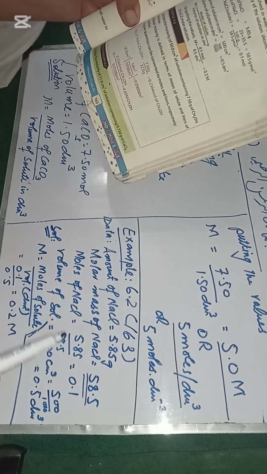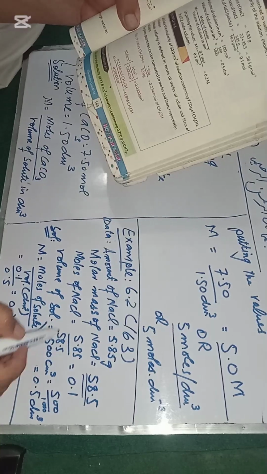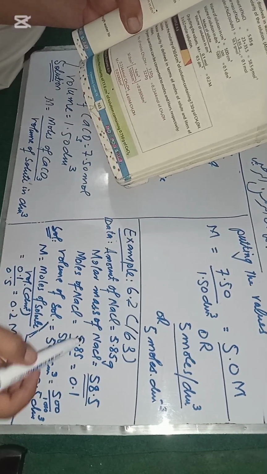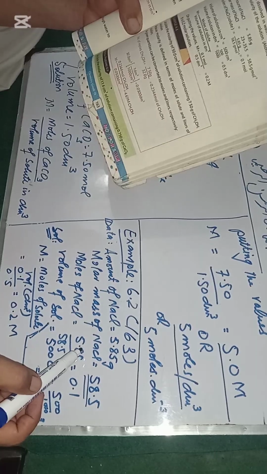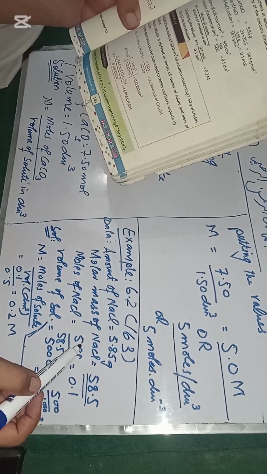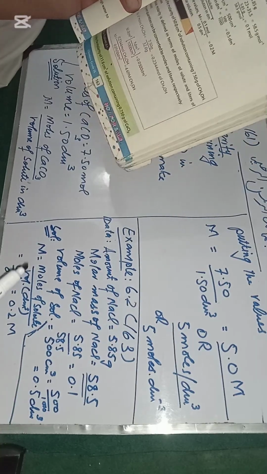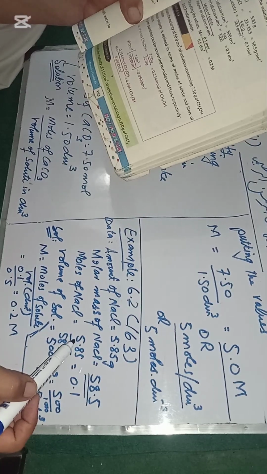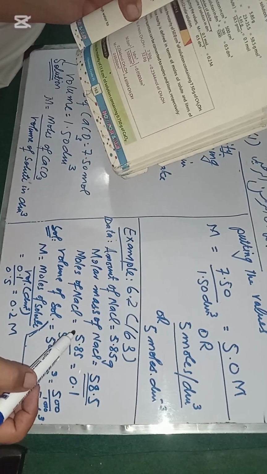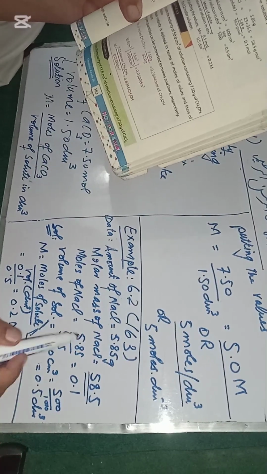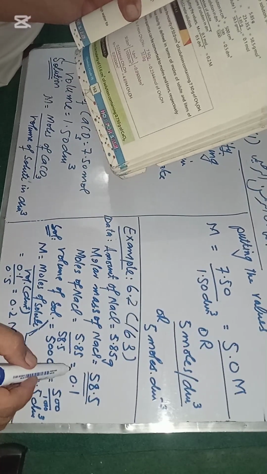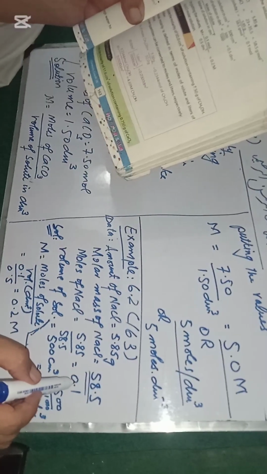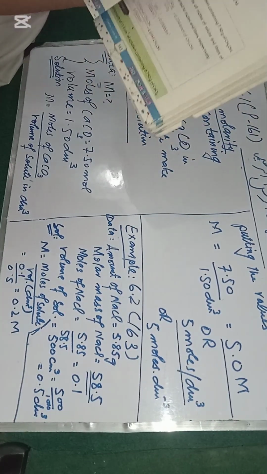So moles of NaCl, you already know from chapter 1, is the mass in grams of solute divided by the molecular mass, whichever substance you want to change from grams into moles. When we divide this, it comes out to be 0.1.